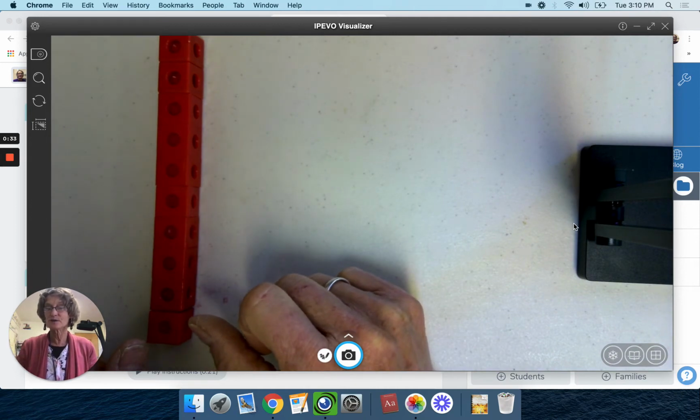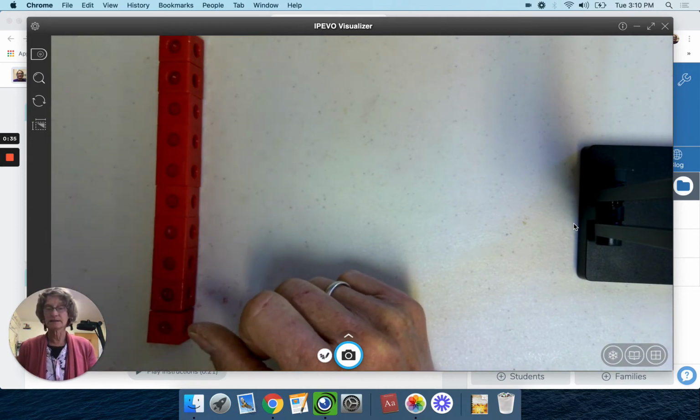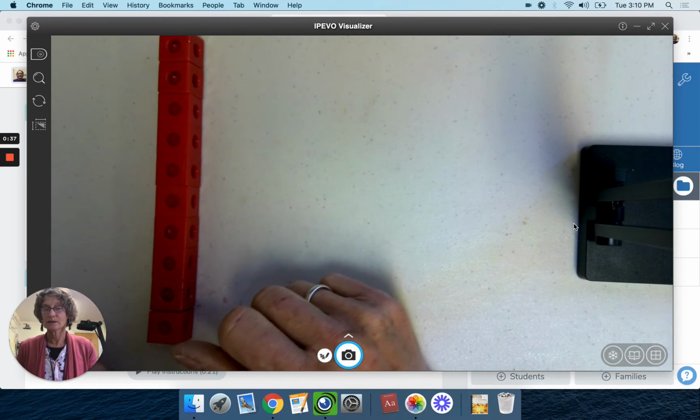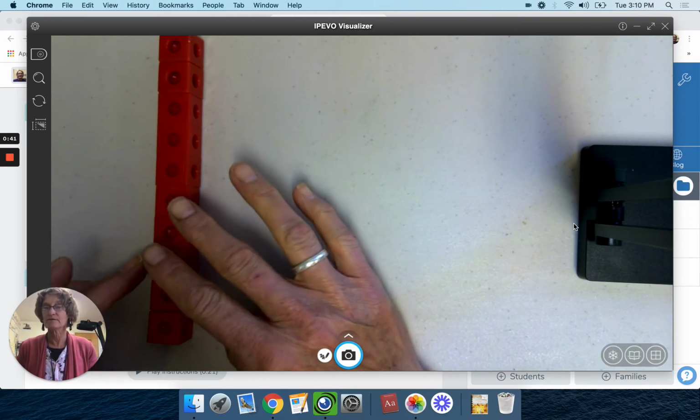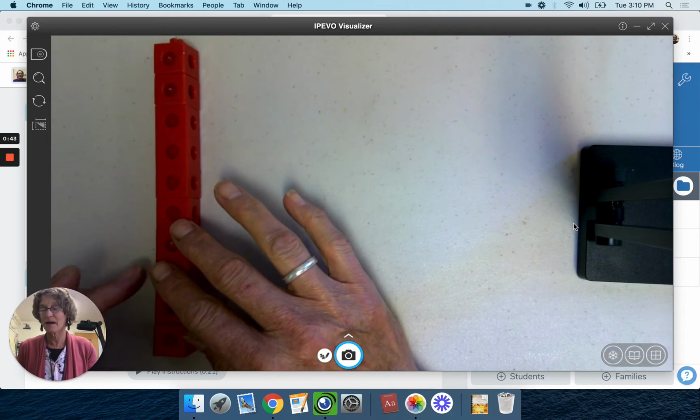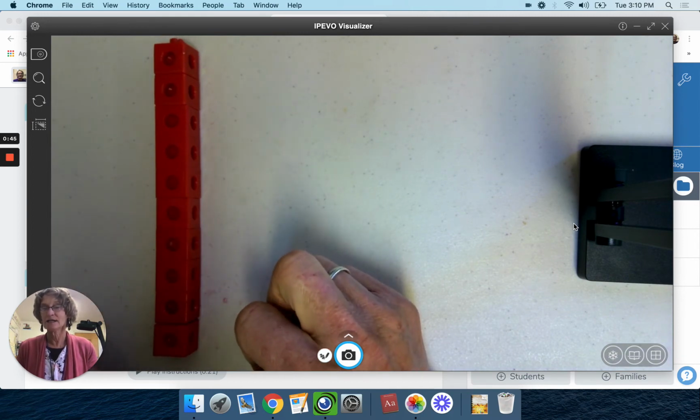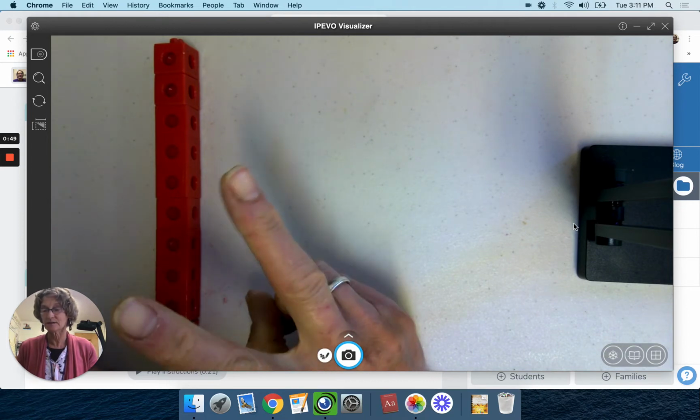We're not using a ruler or a yardstick or a scale. We are using our tower of 10 to measure, to compare the size, the length of two objects.